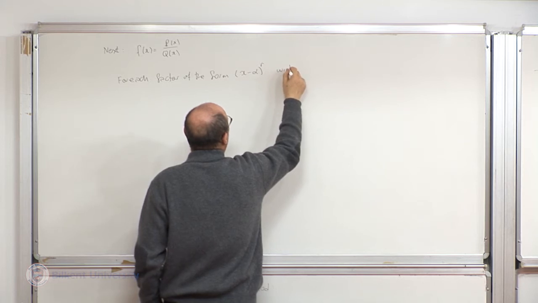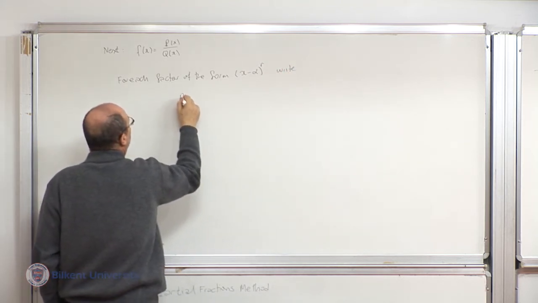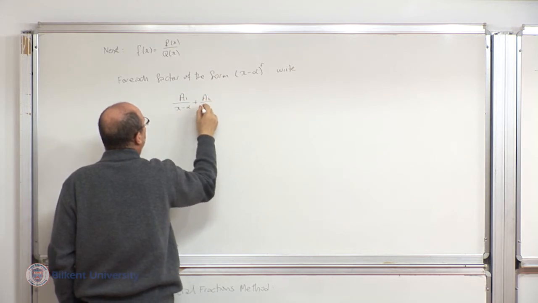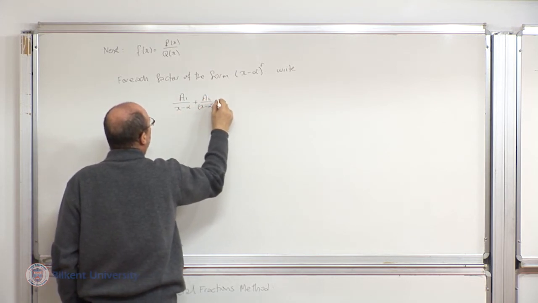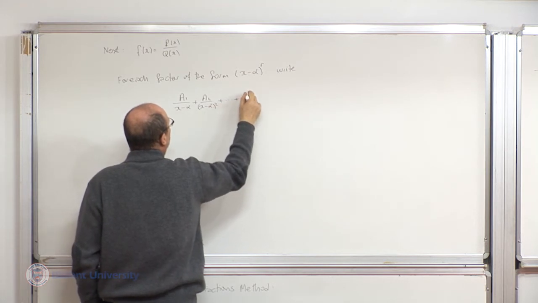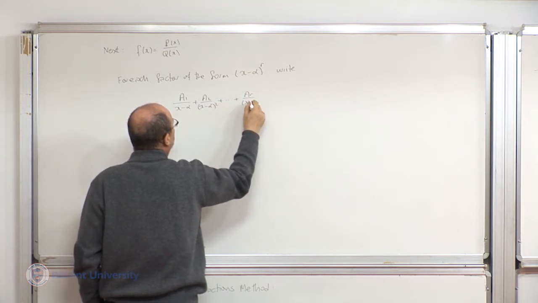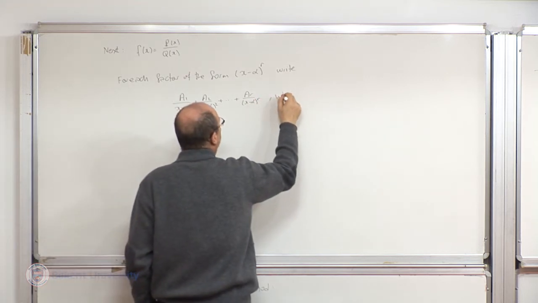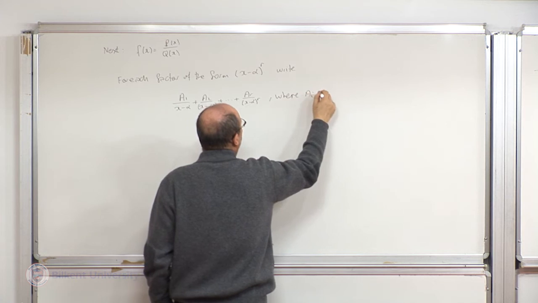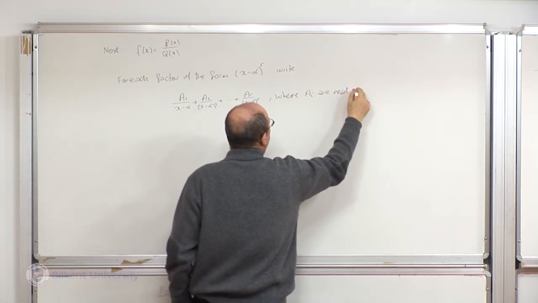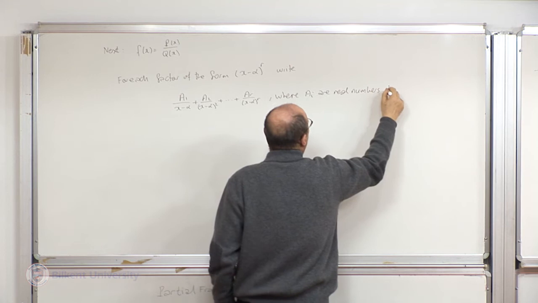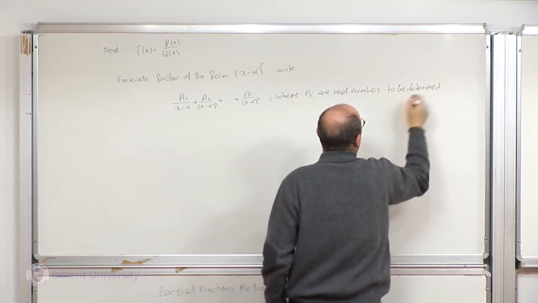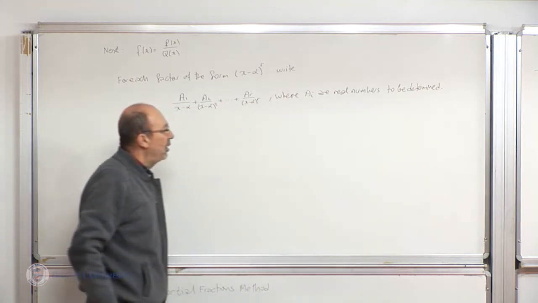Write a1 over x minus alpha plus a2 over x minus alpha square plus ar over x minus alpha to the power r, where the a_i are real numbers to be determined. Okay, so that's the whole idea here.